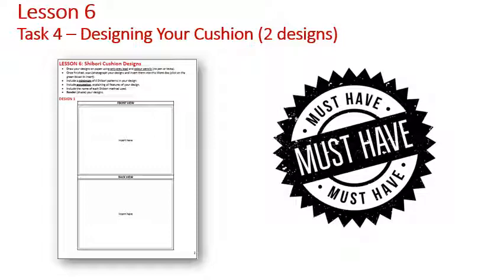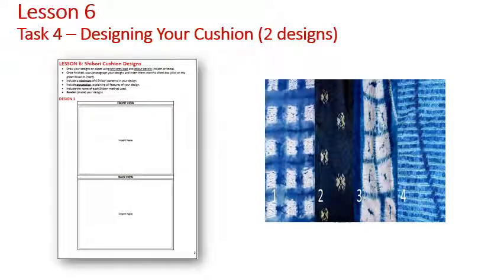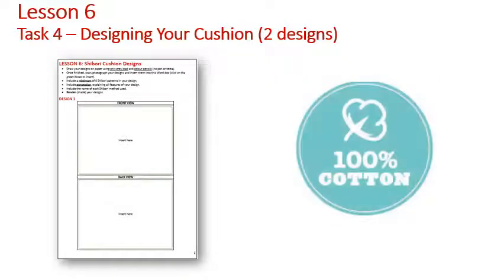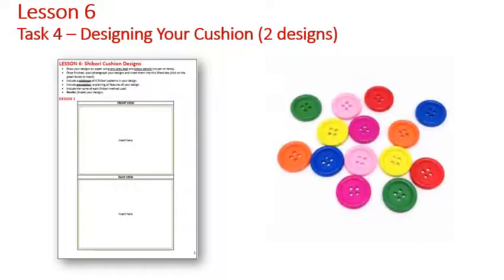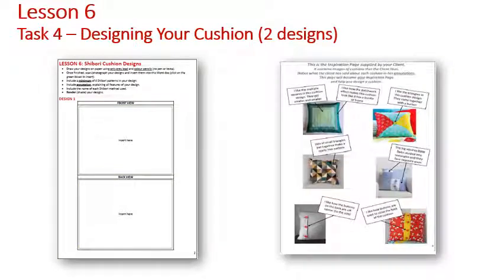Okay, remember from the design brief you have must-haves. And do you remember what those must-haves are? A certain number of Shibori designs, 100% cotton, maybe a pocket, maybe some buttons. And also you need to take notice of the inspiration page. That's the first page that you see on this worksheet. This is an inspiration page supplied by your client.